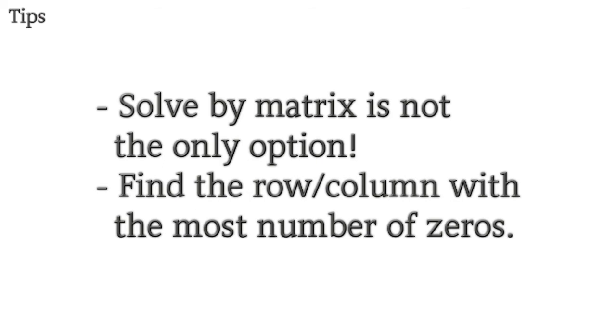However, if the question did state that by finding the inverse matrix of something you should solve these simultaneous equations, then no, you're not allowed to use Gaussian elimination. So if you can find a row with a 0 or a column with a 0, then use that row or column.